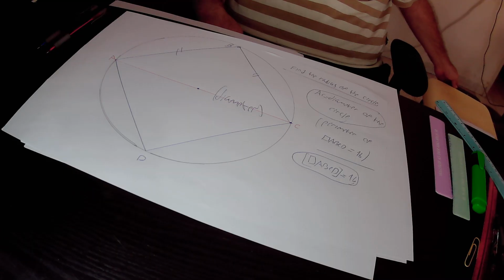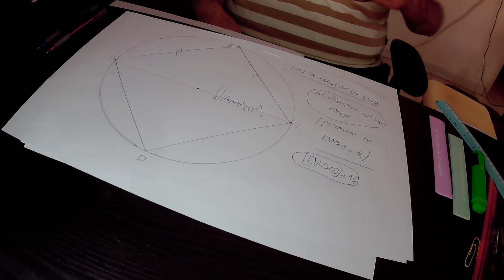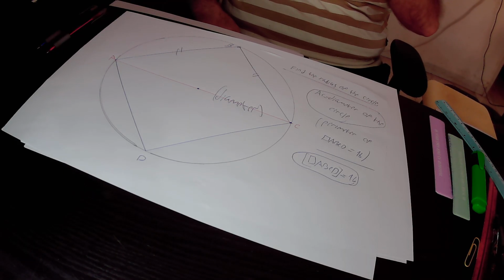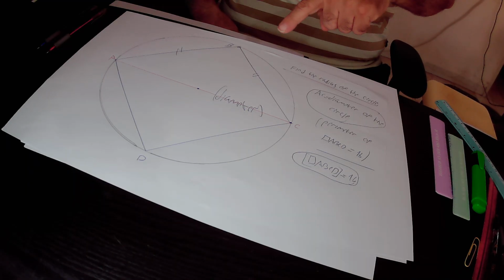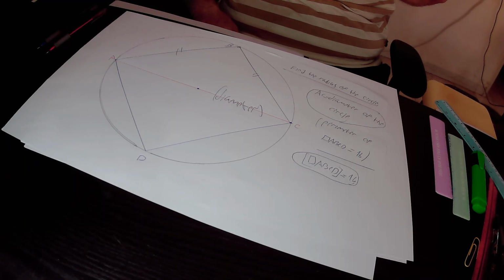So first of all, we define the side lengths of quadrilateral ABCD with letters.